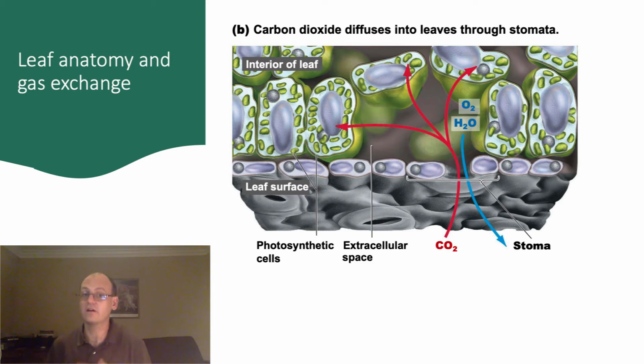Once this happens, the oxygen that's produced by the photosynthesizing cells becomes more and more concentrated in the extracellular space, and carbon dioxide can't get in. This high concentration of oxygen and low concentration of carbon dioxide in the cells causes photorespiration to happen. Photorespiration is therefore a particular problem for plants in hot, dry, sunny conditions.